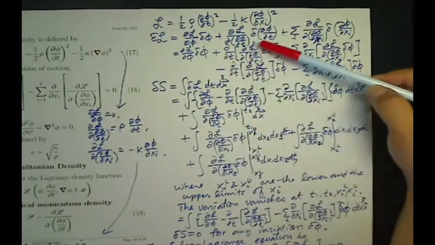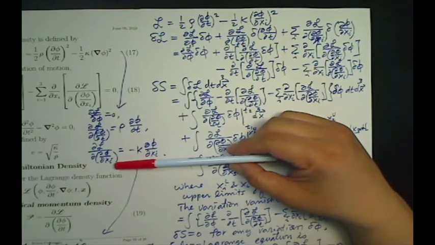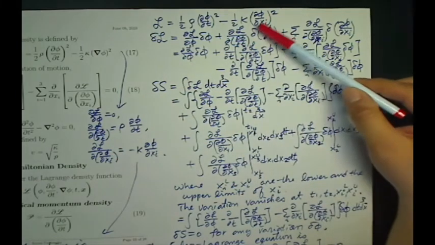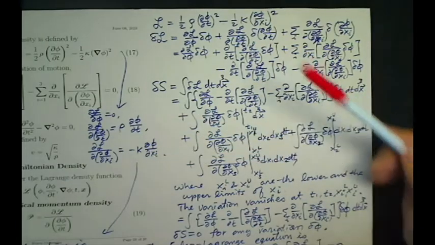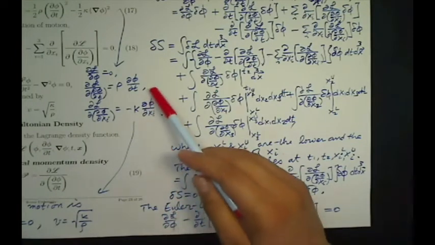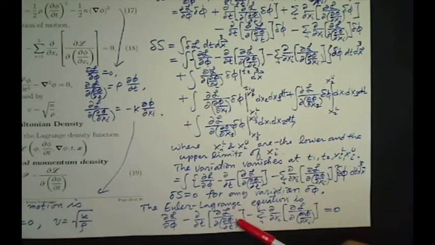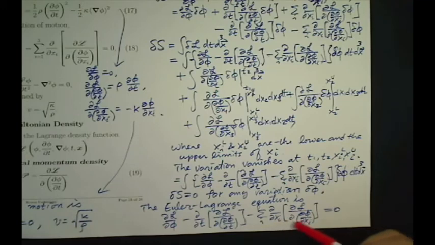And the derivative with respect to the x derivative of phi brings in minus kappa gradient. Therefore, if I substitute these 3 results in here, this is vanishing. This is rho times the time derivative of the field minus kappa times the gradient summed over i.